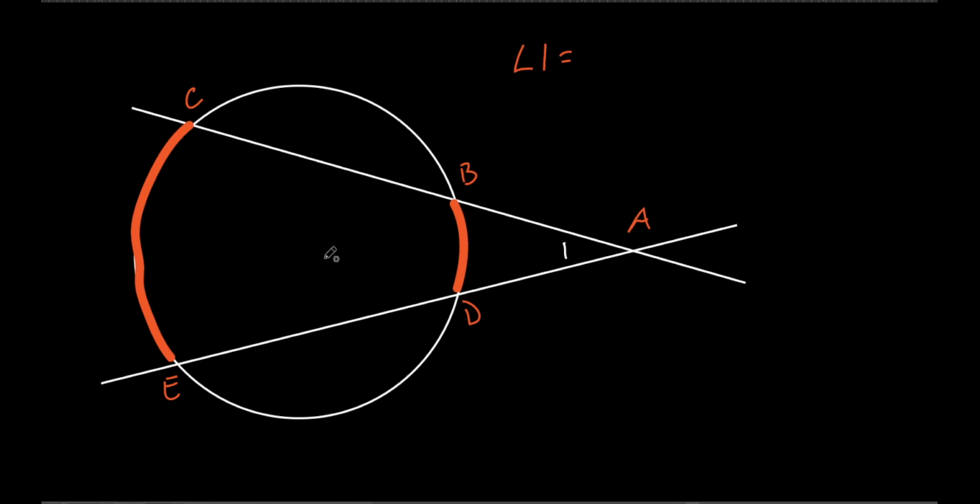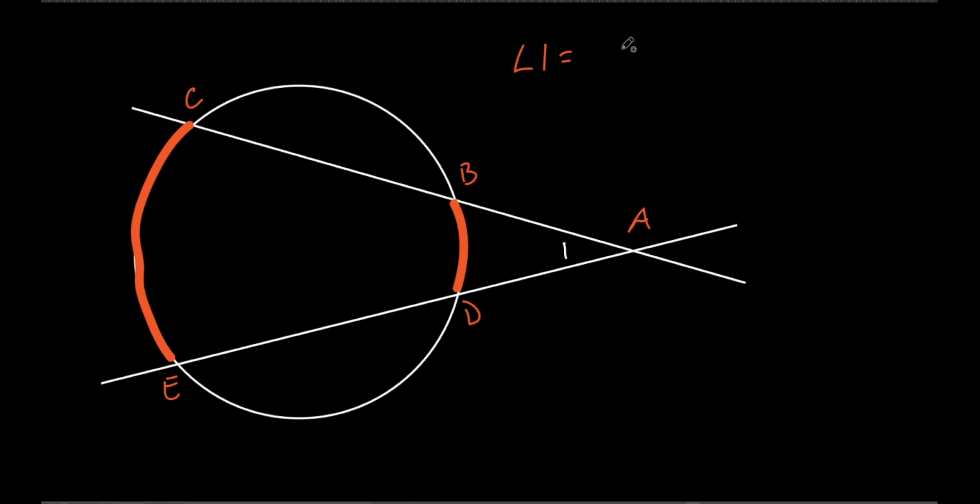So when it was inside, we added them together and divided by 2. What do you think we're going to do? I'm giving you huge hints here. We're going to subtract them from each other and then divide by 2. In subtraction, does it matter what order you subtract things in? Absolutely. So we always take the bigger one minus the smaller one. We can't subtract them in any order.